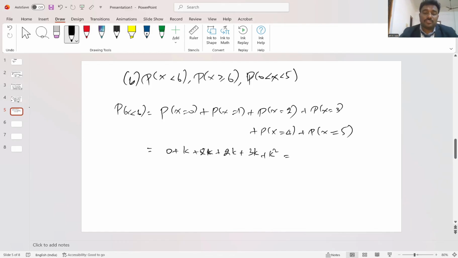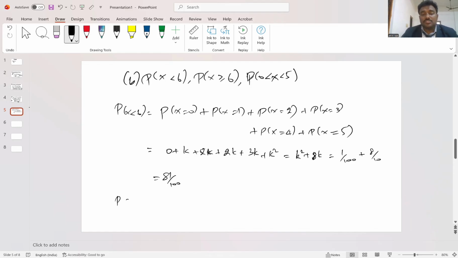If you add all of them, it will become k square plus 8k. Now you can apply the value of k, which is 1 by 10. If you square, it becomes 1 by 100, and 8k is 8 by 10. If you take LCM, it becomes 80 by 100, so it is going to be 81 by 100, right?